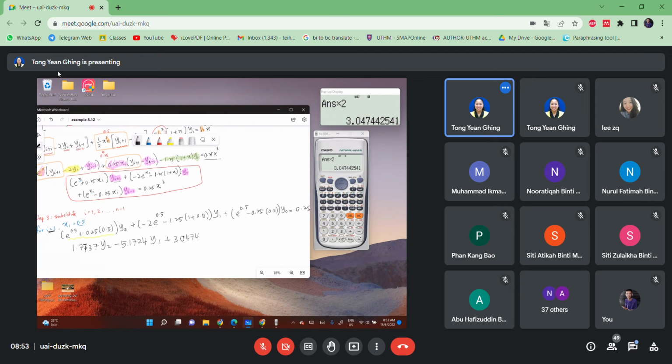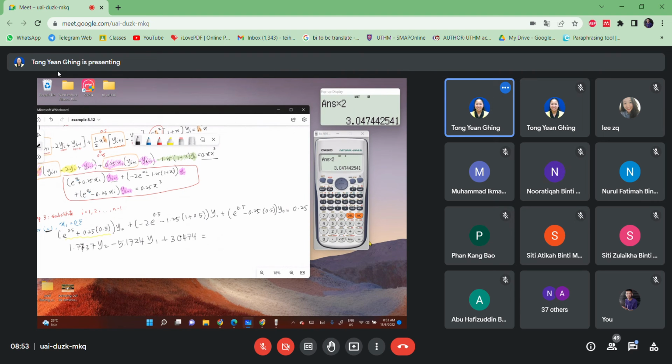Okay, equal to 0.25 times with 0.5 power of 3. Zero point 0.0313.